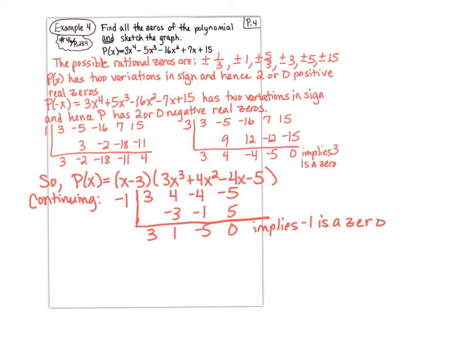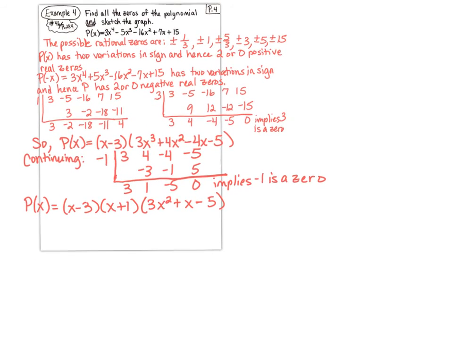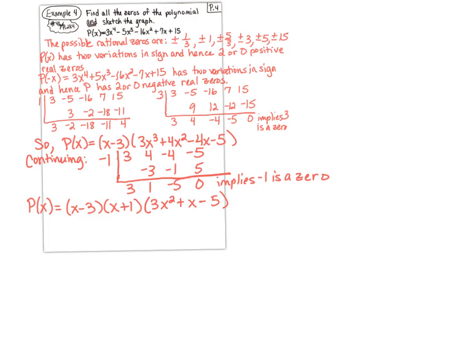We have the coefficients of a degree 2 polynomial here, and we can say that P of x is now x minus 3 times what factor? X plus 1. Good, x plus 1, because you're subtracting a negative 1. Times what? 3x squared plus x minus 5. Good. That quadratic doesn't factor as easily. So what should we use? Good. We'll use the quadratic formula to find the zeros from that quadratic.